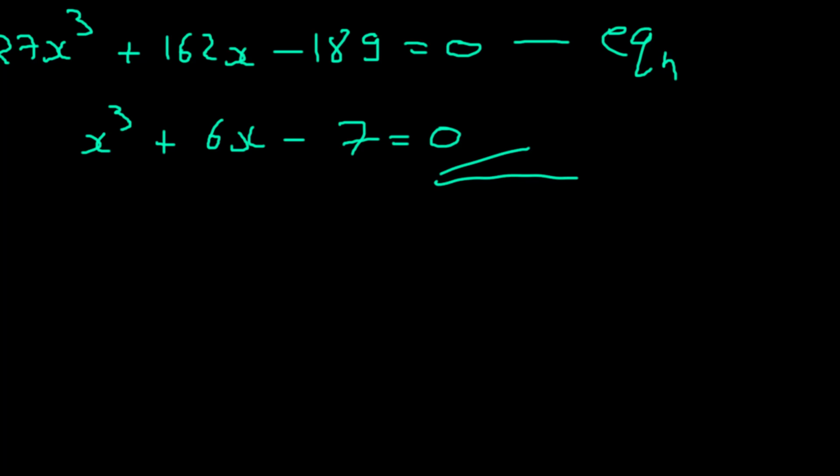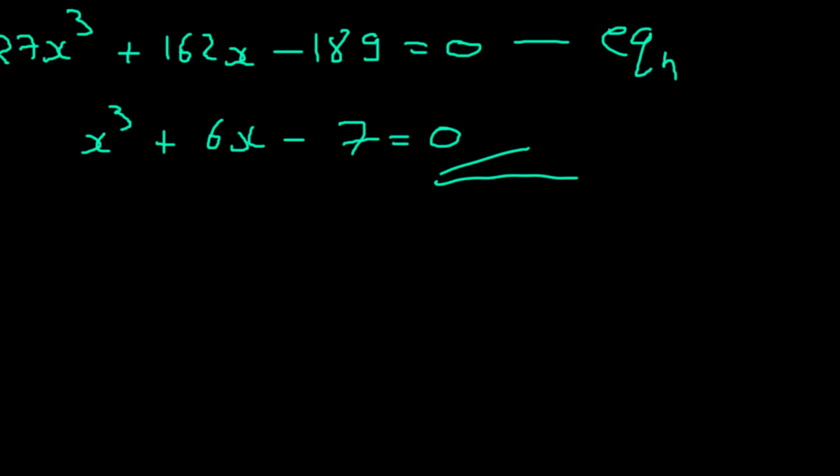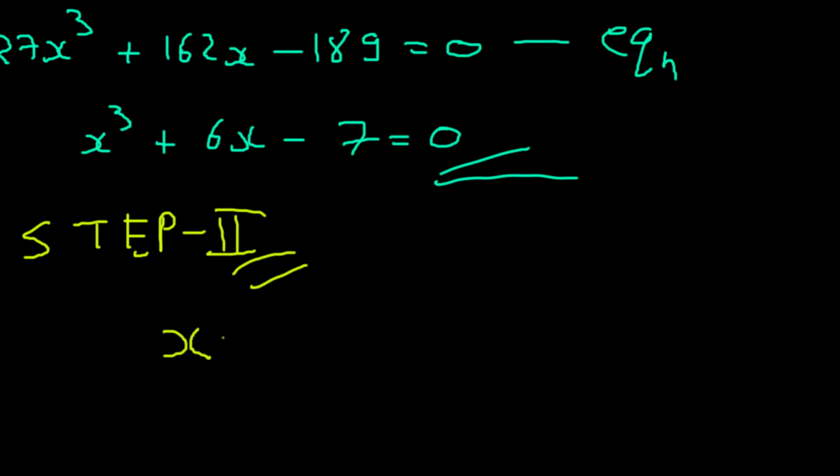Now I'm telling you step 2. Step 1 was to remove the second degree term. Step 2 is to write x equals u plus v.